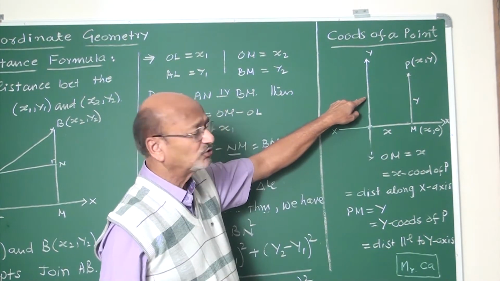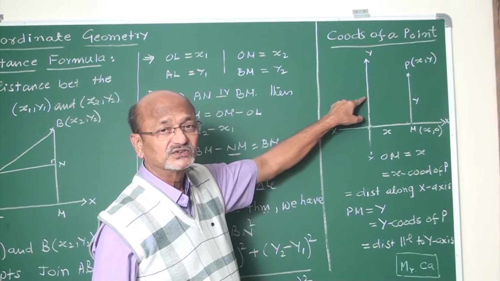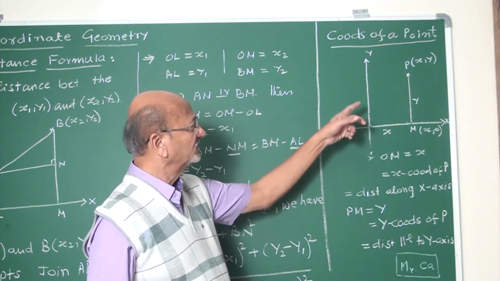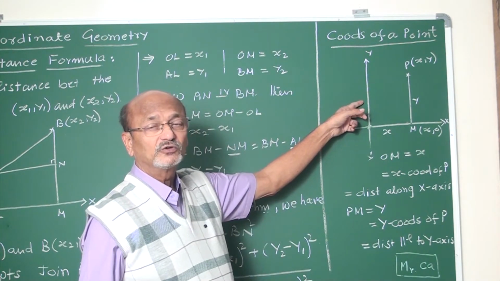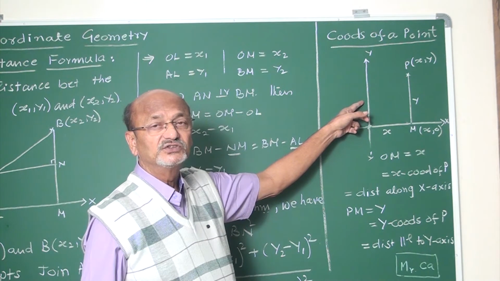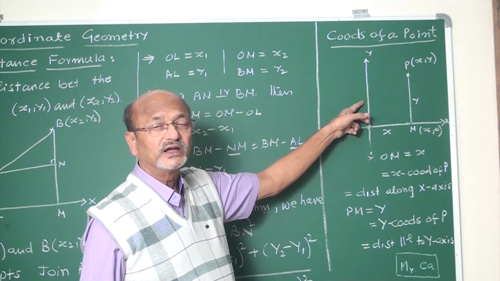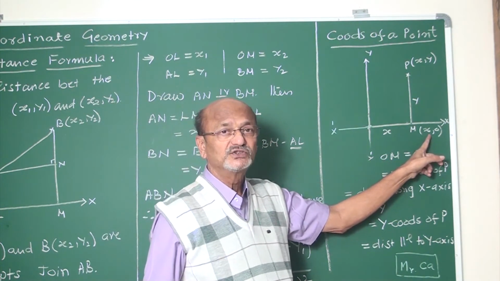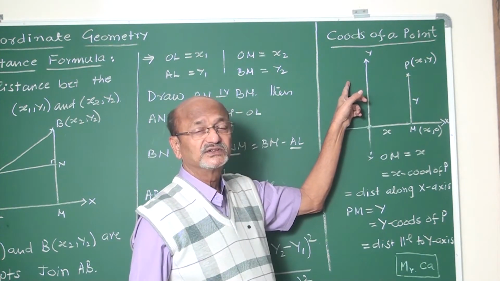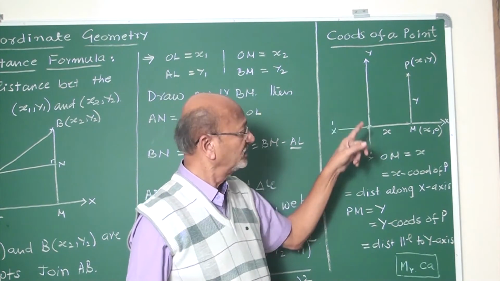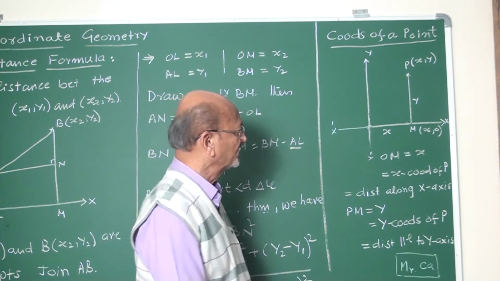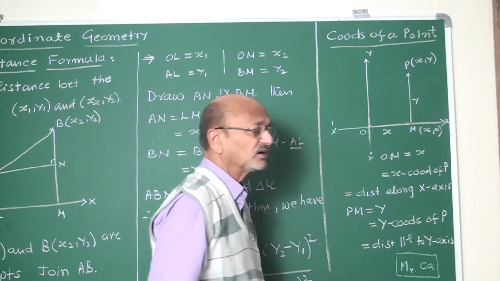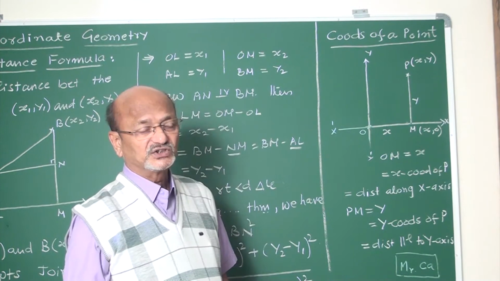If a point lies on the y-axis, then its x coordinate is 0. So the coordinates of a point on the y-axis are 0 comma y. A point on the x-axis is x comma 0, a point on the y-axis is 0 comma y. The point of intersection is the origin, whose coordinates are 0, 0.